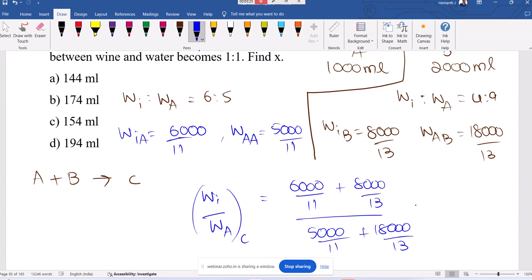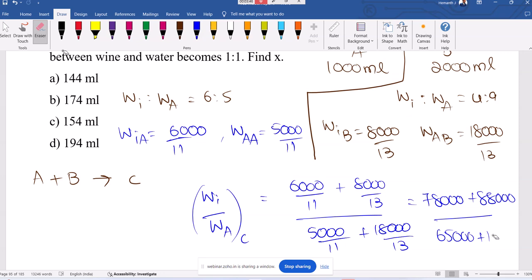Taking LCM, 11 and 13 will cancel, but 6000 into 13 is 78,000. 11 into 8 is 88,000. Here 65,000. This is 1,98,000. Anyhow, everywhere 1000 is common.